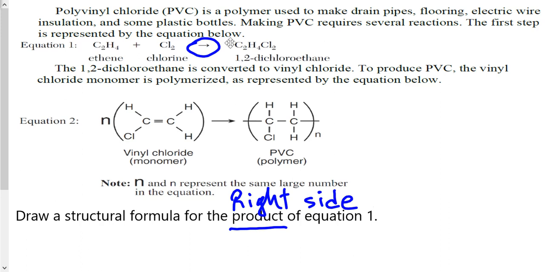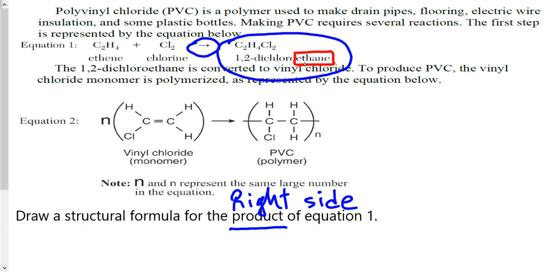In this case, we have to draw this compound, and the name of this compound is 1,2-dichloroethane. First, I'm going to focus on the parent chain. I always focus on the last name first. That's what we have been doing since day 1 in my class.